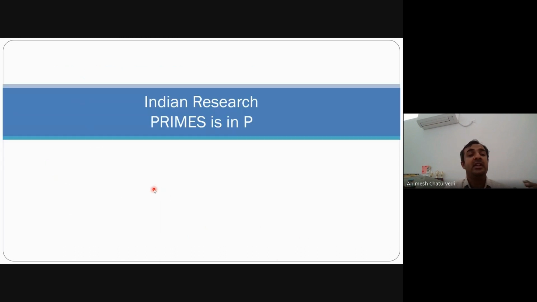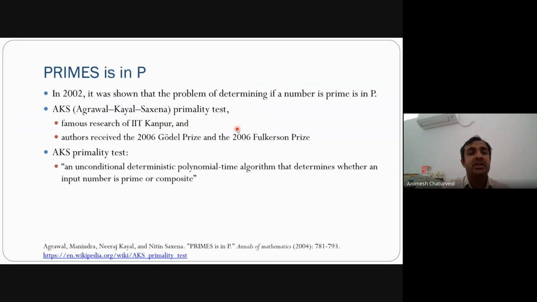This does not mean that we have not done much. Here in India also we have done several, hundreds of, researches. Out of them, I'll show one research which has revolutionized the world. That is PRIMES is in P, a very popular and famous research of IIT Kanpur, known as the AKS primality test, that is Agrawal, Kayal, and Saxena.